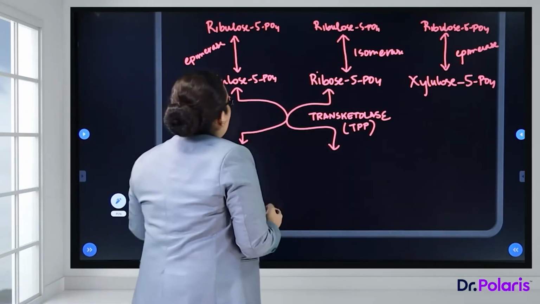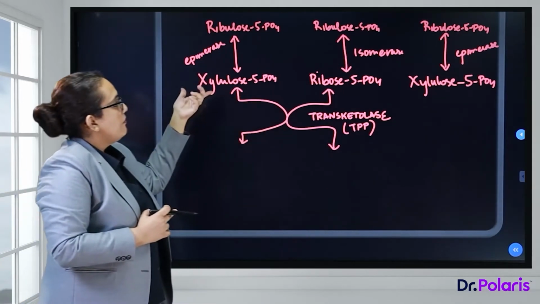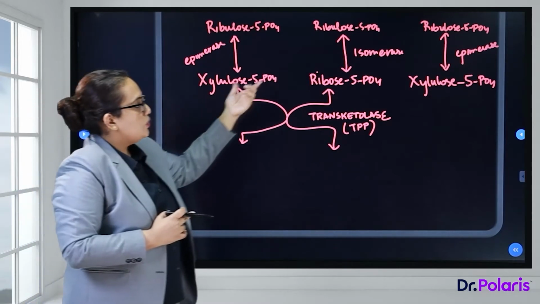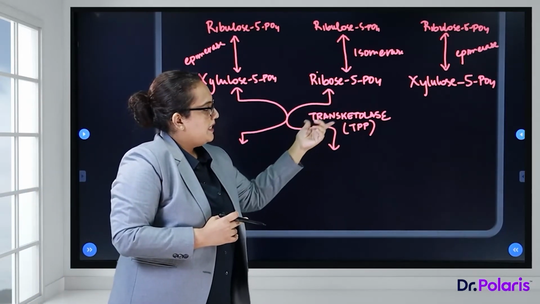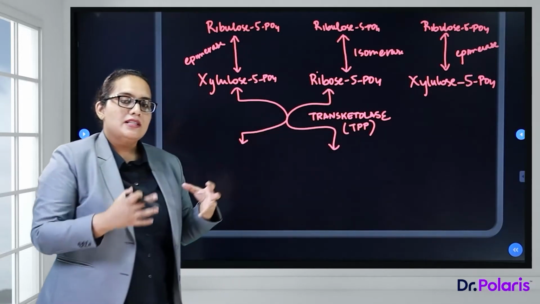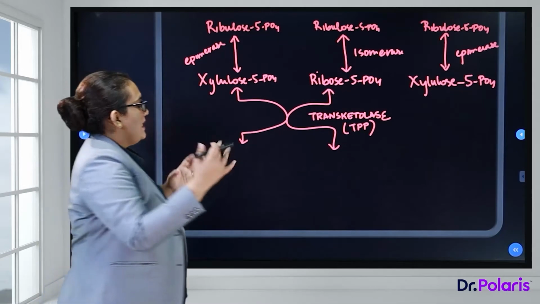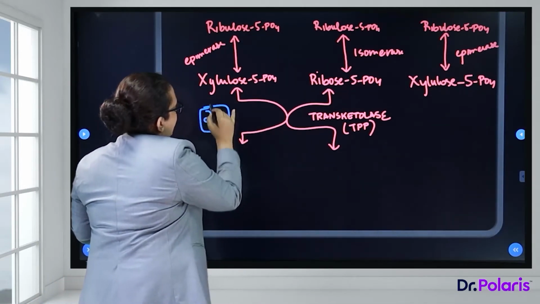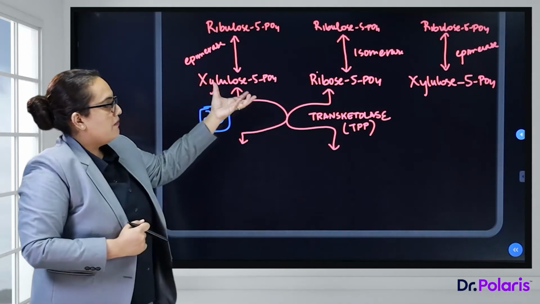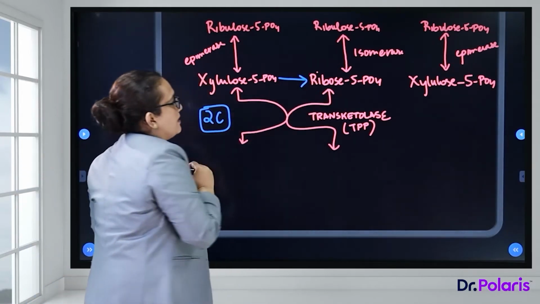So next, what really happens is a keto group is transferred from the ketopentose to the aldopentose. The enzyme transketolase, as the name suggests, is involved in the transfer of a ketose group. So during that transfer, a 2-carbon entity from xylulose 5-phosphate is transferred to ribose 5-phosphate.